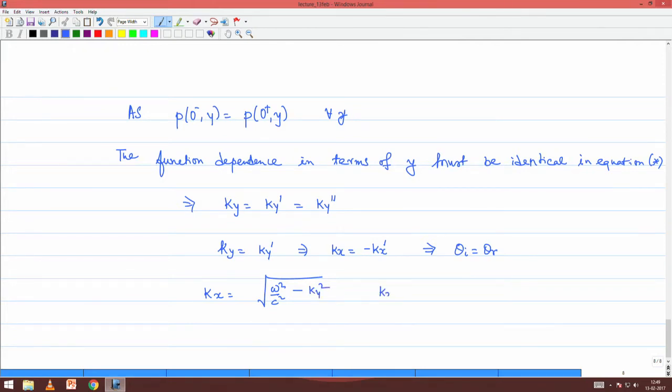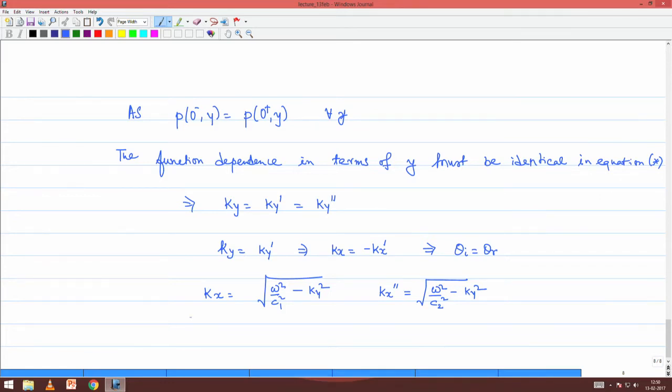This is for medium 1, and for medium 2 we should have omega square by c 2 square minus k y square, right. So, the fact that the two mediums are different is now playing its role here, because though the two k y's are the same for the incident wave and the transmitted wave, the wave number in the x direction will change.